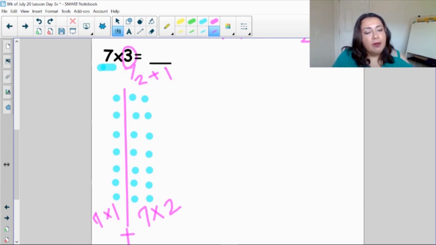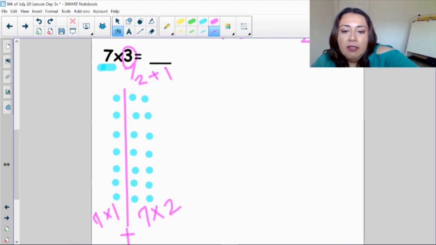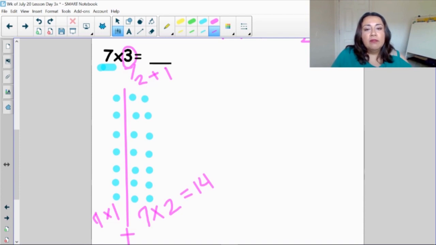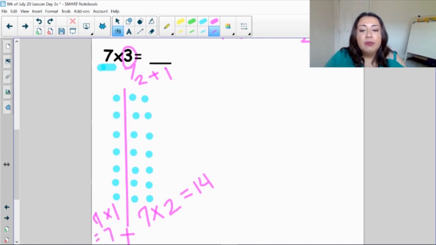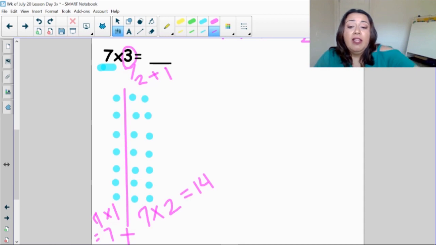Ahora yo sé multiplicar por 2. 2 por 7, fácil, son 14. Y 7 por 1, si yo tengo un grupo de 7, ¿cuántos tengo? Solo son 7. Así que niños y niñas, podemos decir que el resultado son 7 más 14.